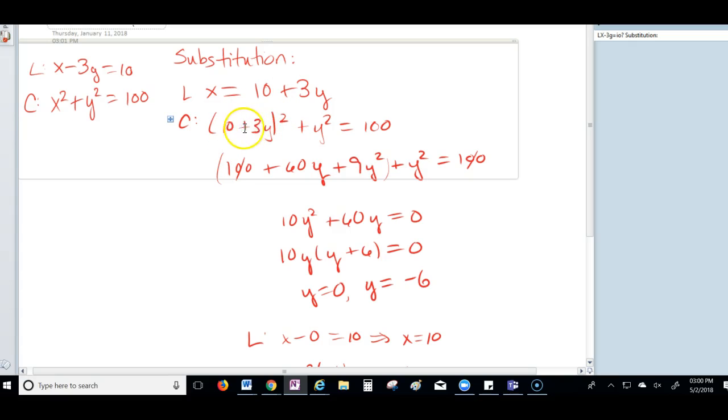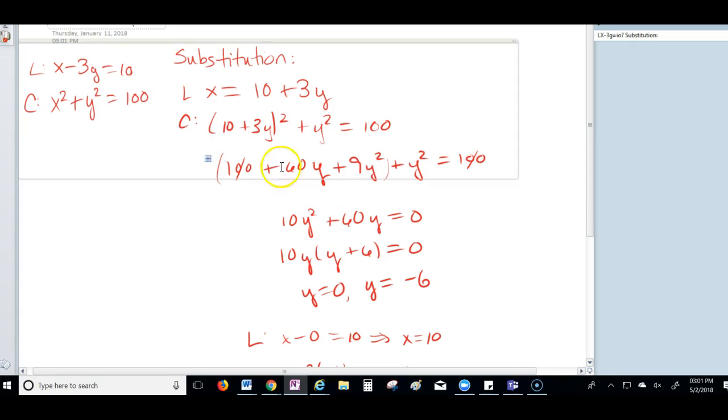I'm going to recognize this as squaring a binomial, so I need to use FOIL. I can't just say that's 10 squared plus 3y squared. So I've FOILed this out, so that's 10 squared plus 30y, which is 60y, plus 9y squared, and plus this y squared equals 100.